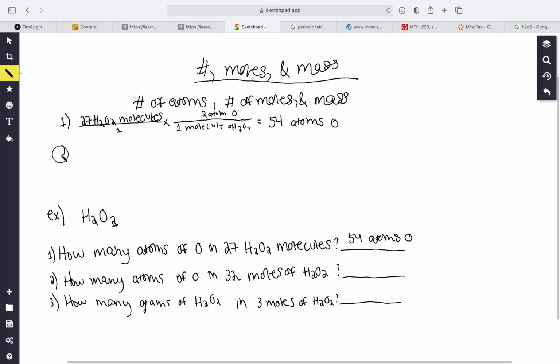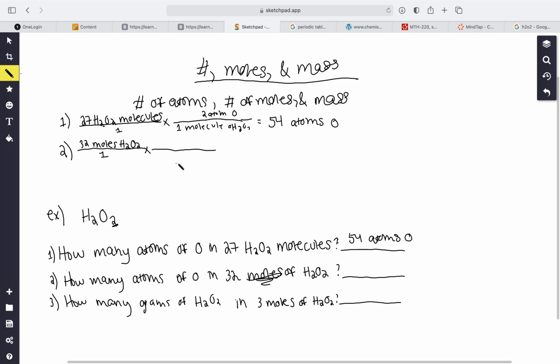Awesome. All right, on to number 2. Again, we're going to start with what we're given. It says, how many atoms of oxygen are in 32 moles of H2O2? Keep in mind, we're talking about moles now, so we're probably going to see Avogadro's number. Okay, so start with what we're given. 32 moles H2O2, divide by 1.